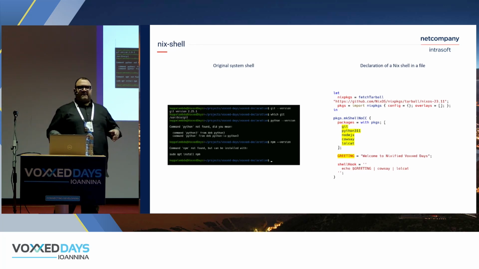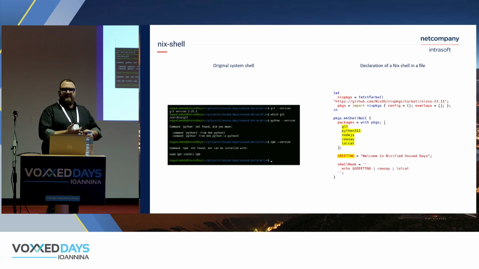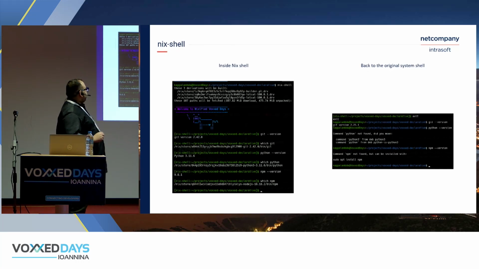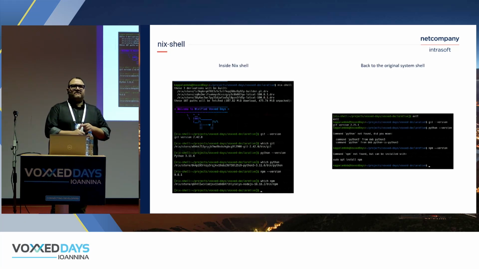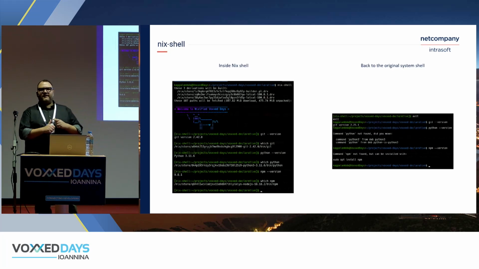On the right screen, we have a declaration. I won't get into much detail, with Git, Python 3.11, Node.js, and some other packages. And with just a command, nix-shell, the environment is built, it greets us, and then we have a Git version again, which is a different version, we have Python and we have NPM.